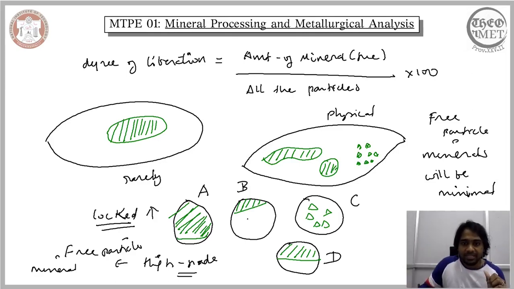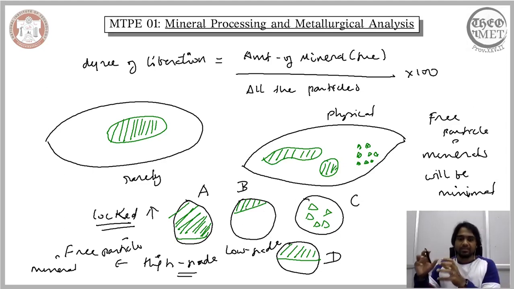Similarly, type B we can refer to as the low grade particle, and we can discard type B along with the free particles that exclusively comprise the gangue mineral. So, we can categorize the locked particles into A, B, C and D. The first two can be designated as high grade particles and low grade particles.